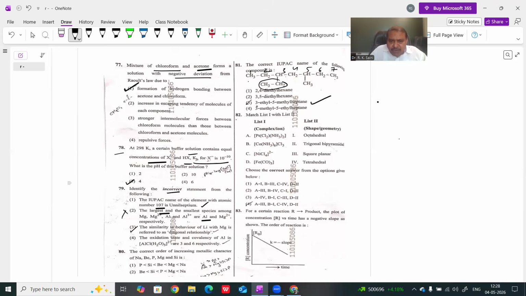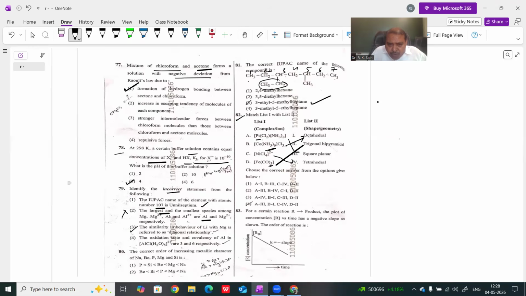Next, this question is taken from coordination compounds, a very important but very easy question. Some geometries: platinum with Cl2 in plus 2 state, a 5d element, is square planar. Coordination number 6 of cobalt is octahedral. Nickel cyanide is tetrahedral, and iron is trigonal bipyramidal.